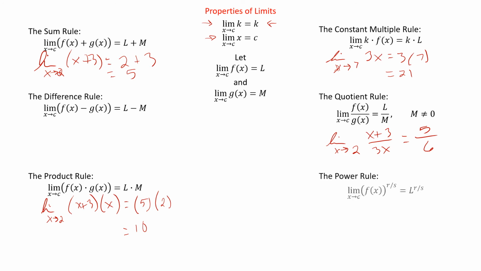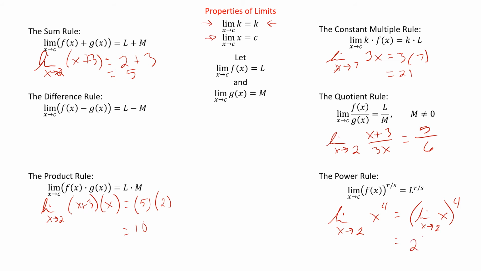And the power rule. The power rule says that if you have a power and a limit, that's the same as the limit of the power. So if we had limit as x goes to 2 of x to the 4th, we know what the limit as x goes to 2 of x is.